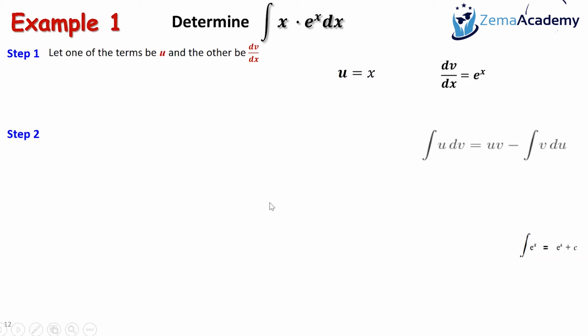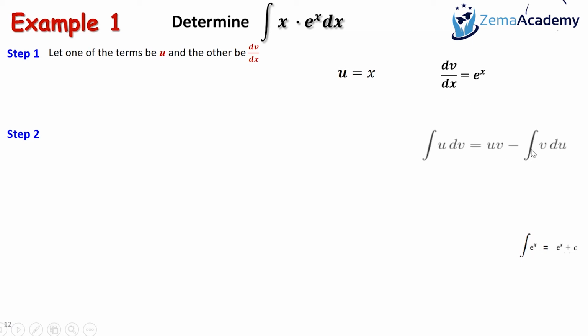Step 2. Now, once you have identified using the ILATE rule which term is to be made u and which term is to be made dv, now look at the standard formula of integration by parts. So you have integral x e to the power x dx. Now what you need to do is find out the right hand side of the formula. You need to have u, which is over here. You need to have v, but you don't have v.